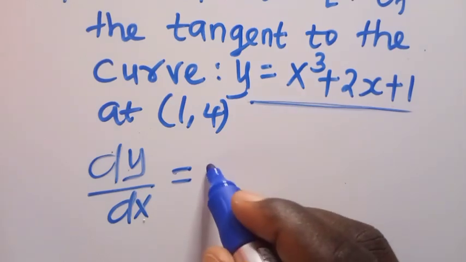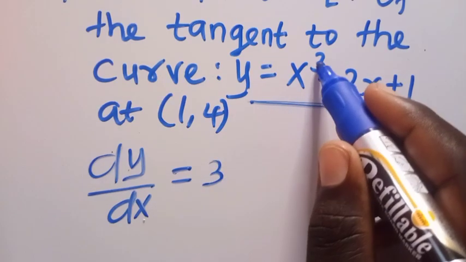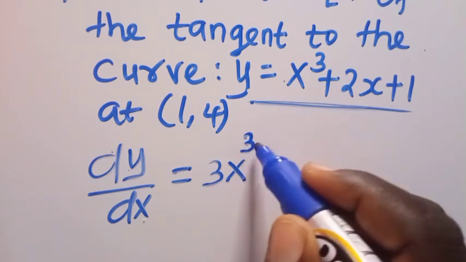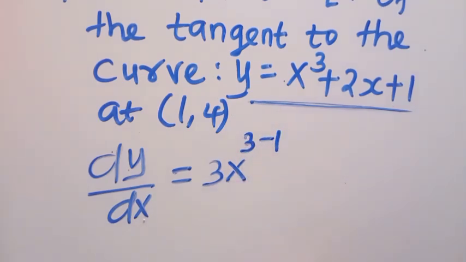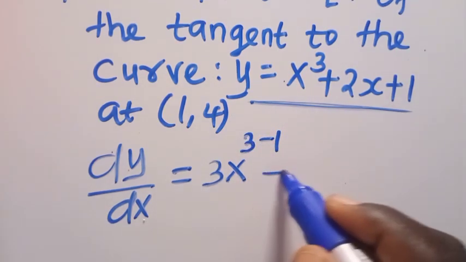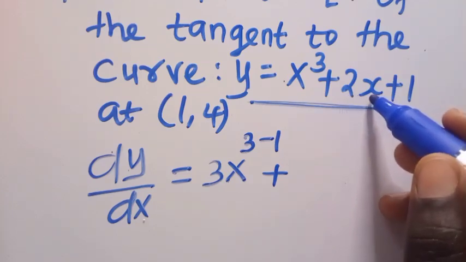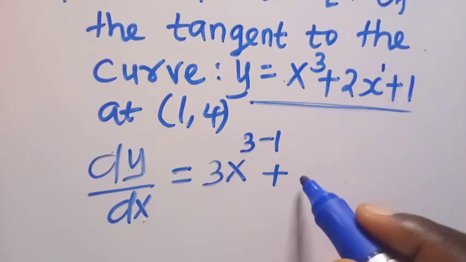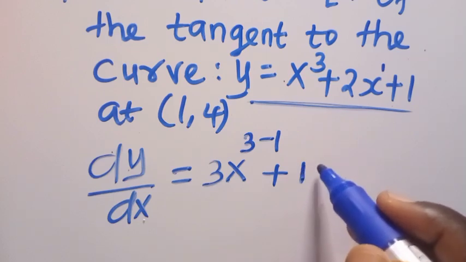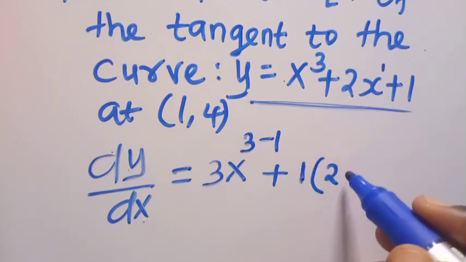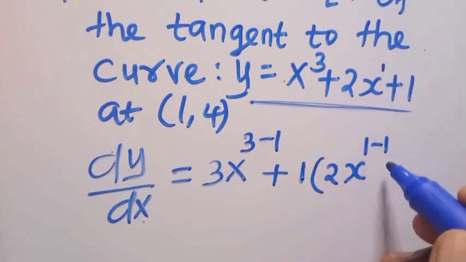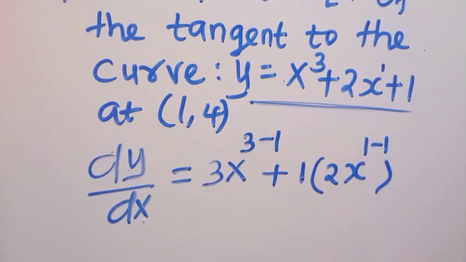So we shall bring the 3 here, so that we have x raised to 3, then we reduce that power by 1. Then plus, if you differentiate 2x, the power of x is 1, so you bring that 1 here into 2x raised to 1 and reduce the power by 1.